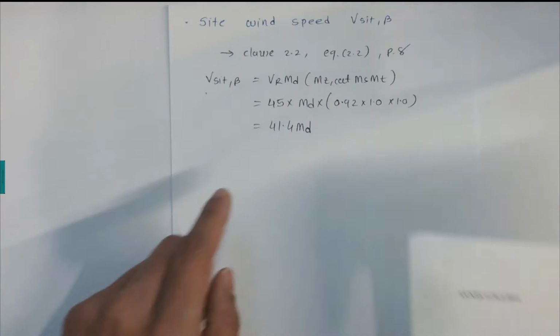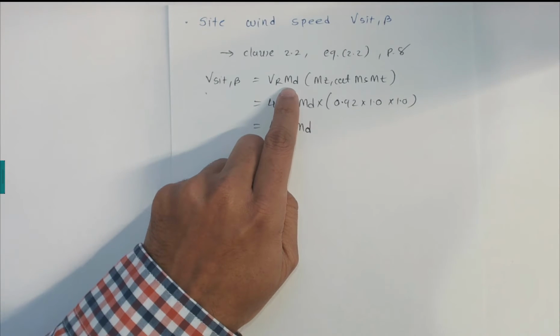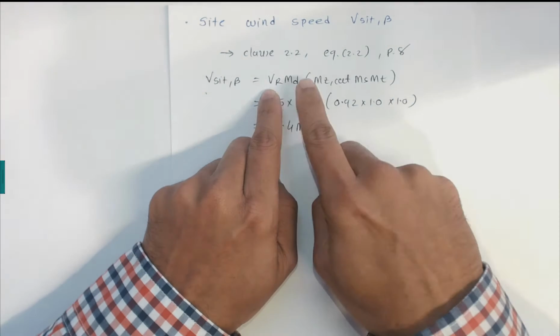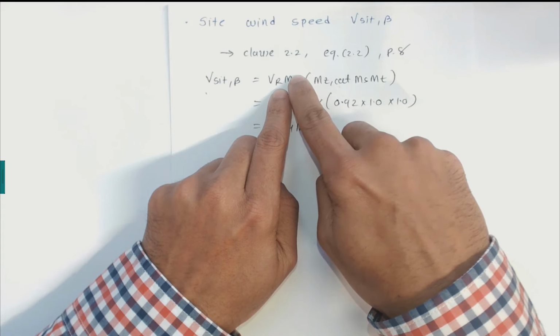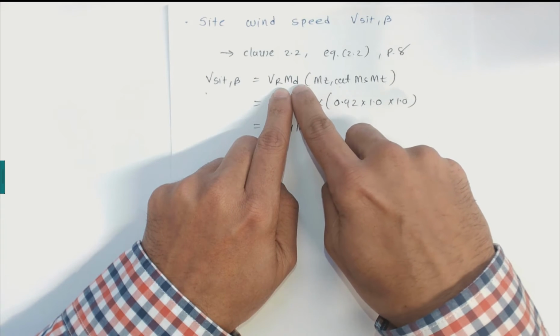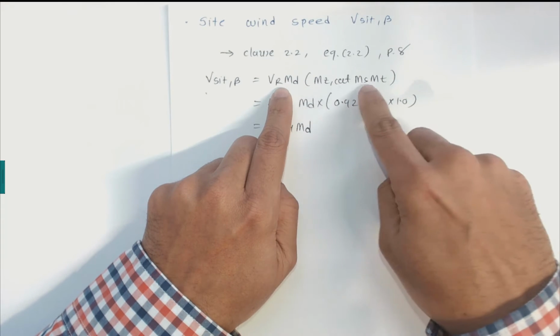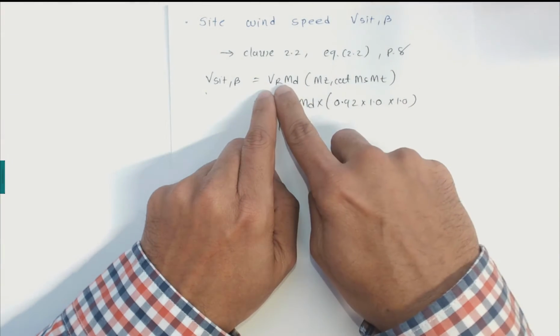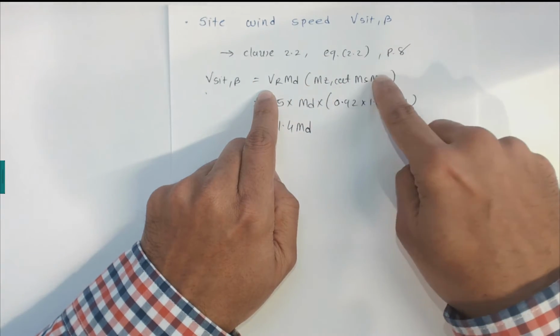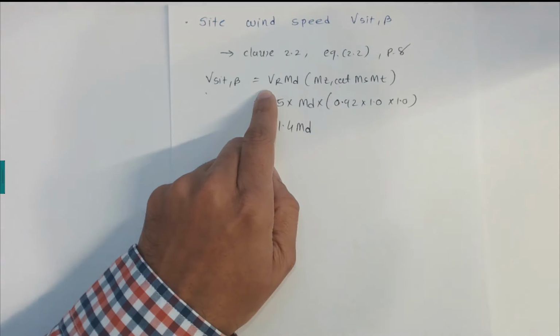Now we are going to find all these variables one by one. VR, except MD, because MD has 8 different values depending on the directions, and all the other values are constant. So we are going to find 1, 2, 3 and 4 parameters here.